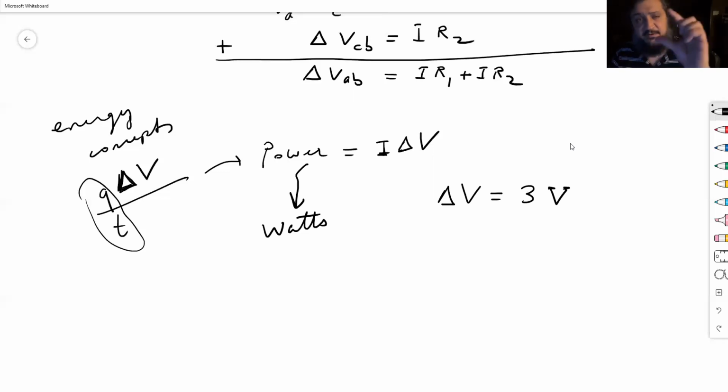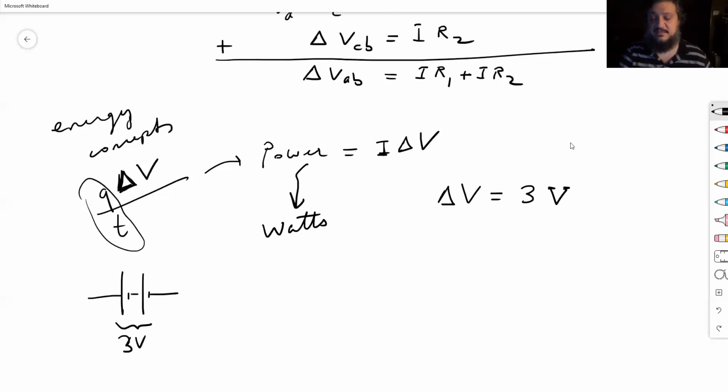AAA size batteries are 1.5 volts each, and you could connect one battery to another in series. Then this is 3 volts, because 1.5 is each. So delta V is 3 volts.